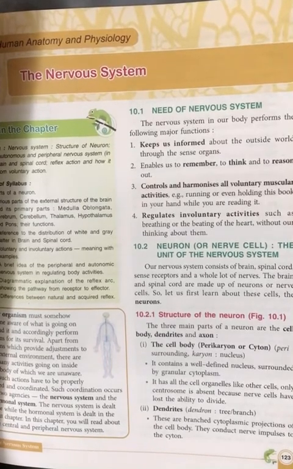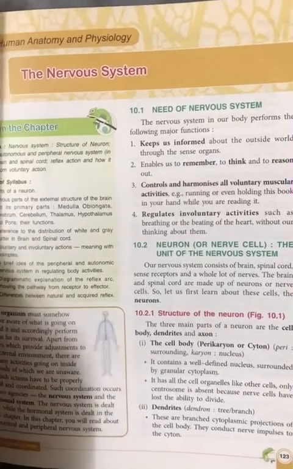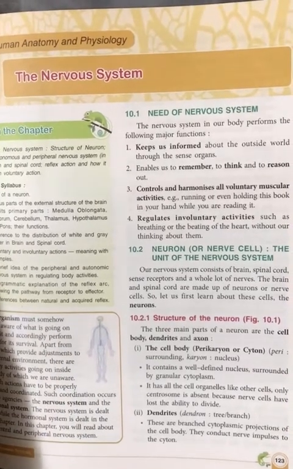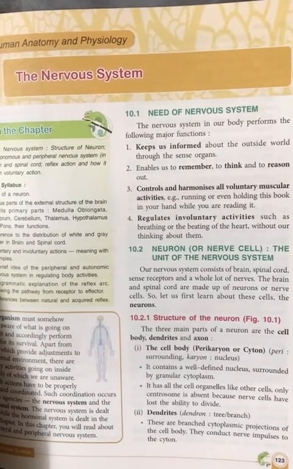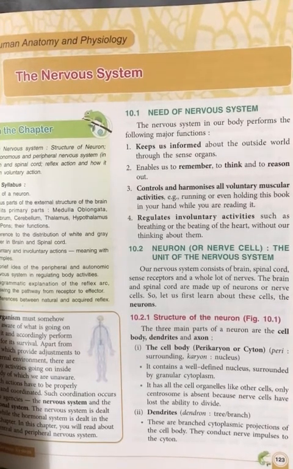And now we are going to study about the structure of neuron, and this neuron consists of three main parts: nerve cell body, dendrites and axon. Now nerve cell body, or perikaryon also it is called, and we even call it cyton.